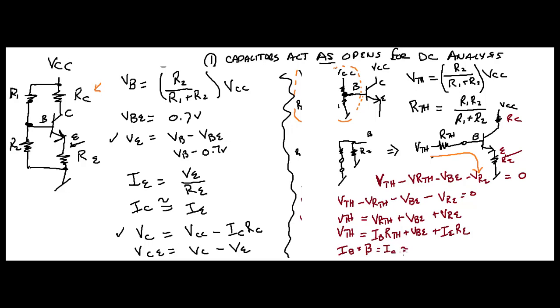Which is approximately equal to IE. Got it? So we can say, therefore, IB is approximately equal to IE divided by beta. Okay? That's a key thing to remember.